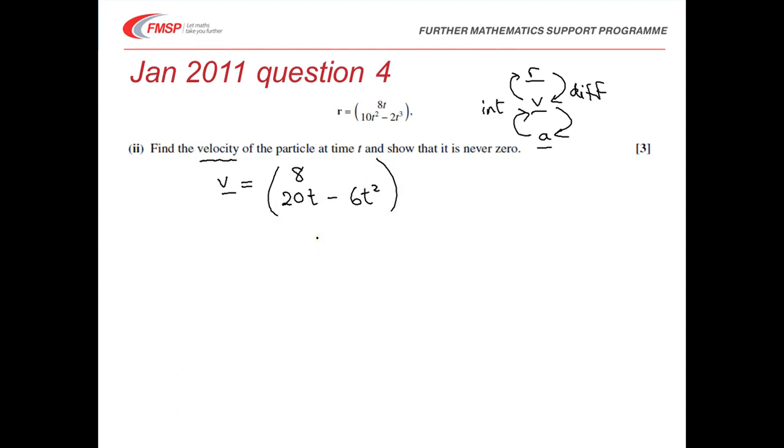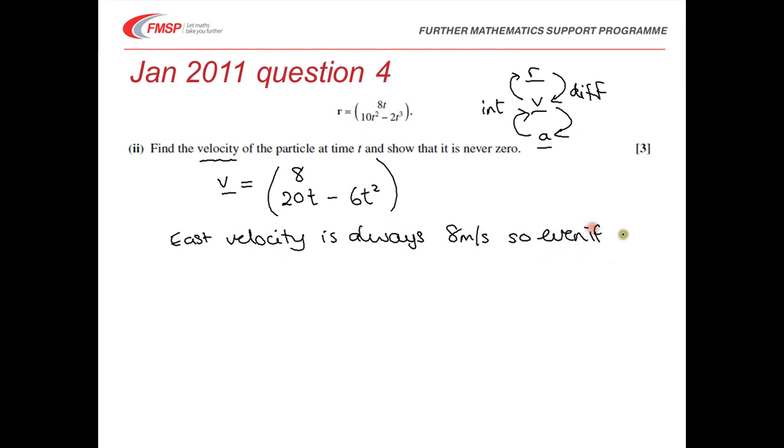Now we have to show that that is never equal to 0. Well, looking at the horizontal component, which is the east component, east velocity is always 8 meters per second.